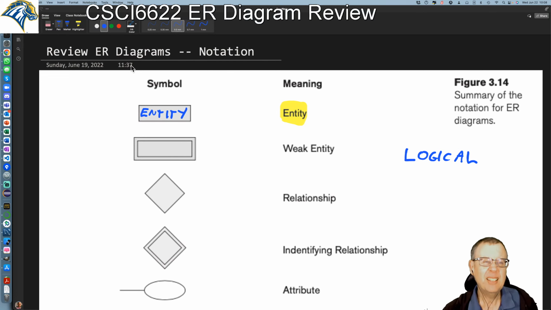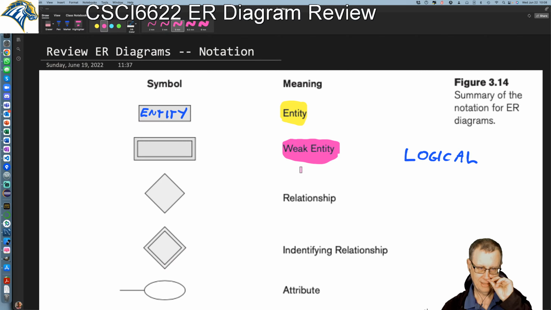Okay, so the next one on the list is the weak entity. And here we've got the same idea. It's an entity. It's something that we can point to in the real world, but it's not as easy to identify, or rather it only gets its meaning from another entity.